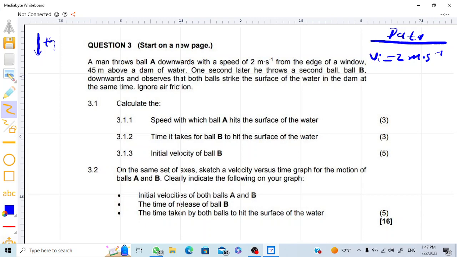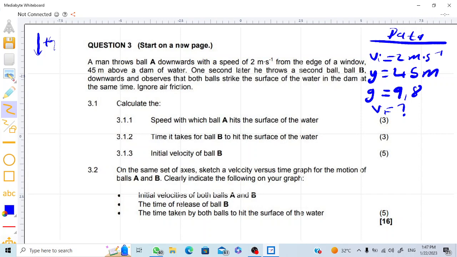I'm also given delta y, or height, which is equal to 45 meters, and then this is always given, gravity, or a, which is 9,8 meters per second squared. All these are given, but this VF is unknown. That's what we are looking for, the final velocity of ball A.